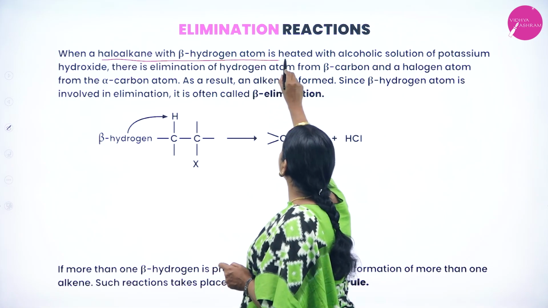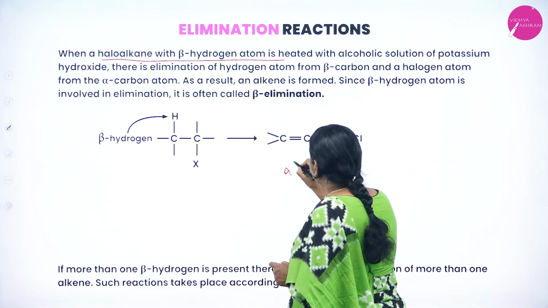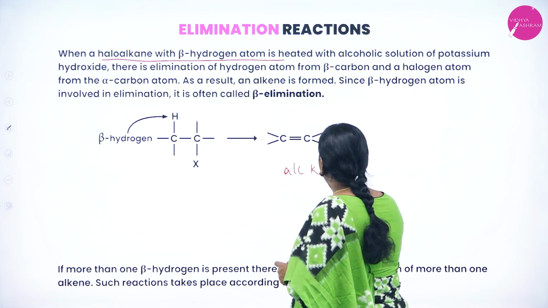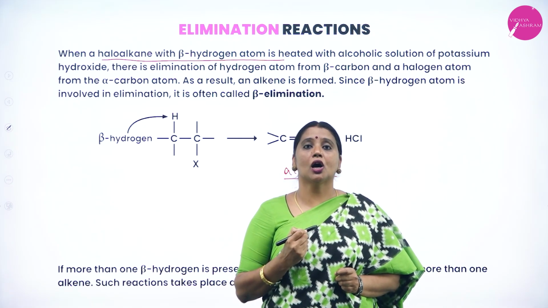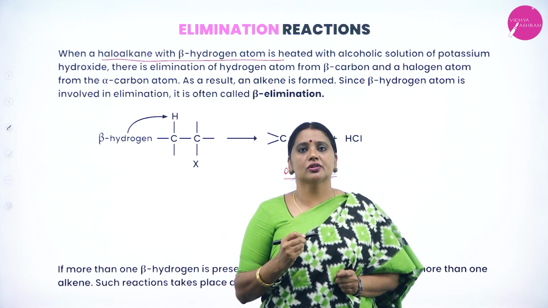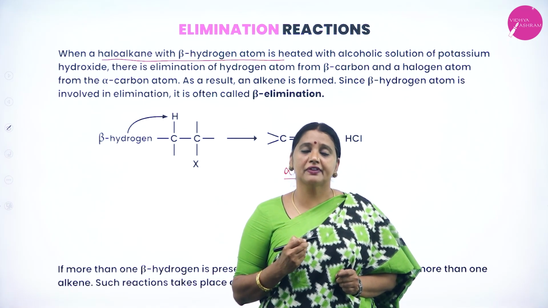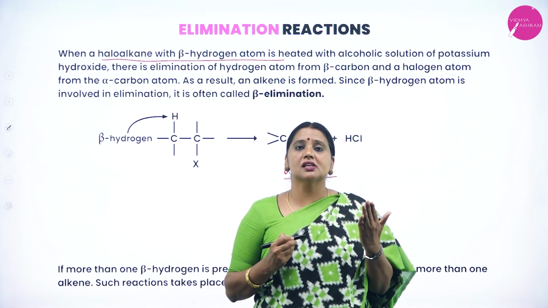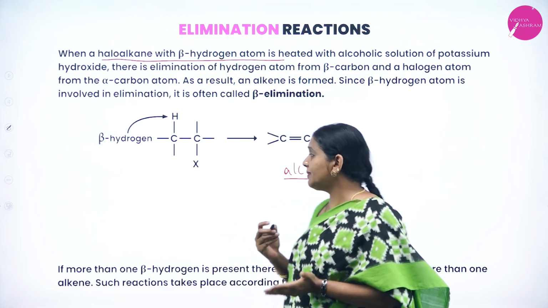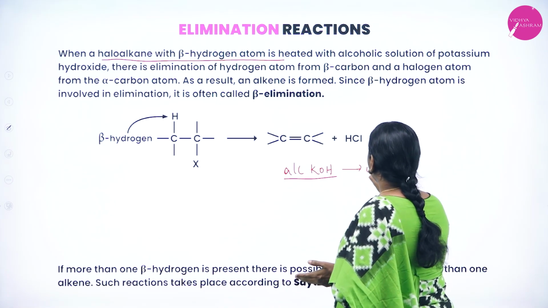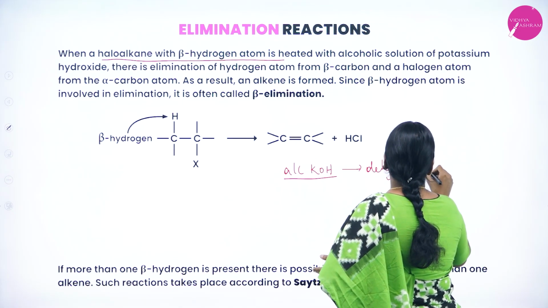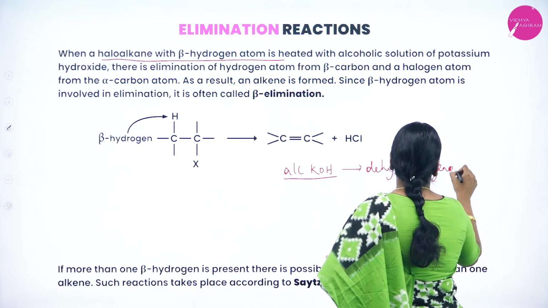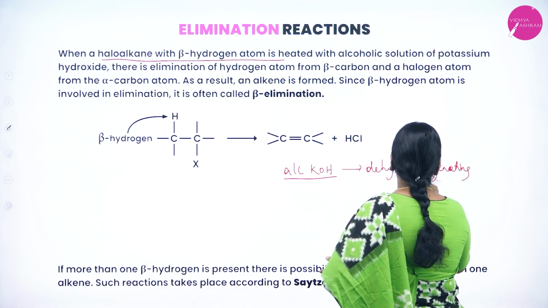A haloalkane with beta hydrogen atom is heated with alcoholic potassium hydroxide. Heated with which reagent? Alcoholic potassium hydroxide. Potassium hydroxide, if it is dissolved in alcohol, is known as alcoholic potassium hydroxide. Therefore, alcoholic potassium hydroxide is called a dehydrohalogenating agent.